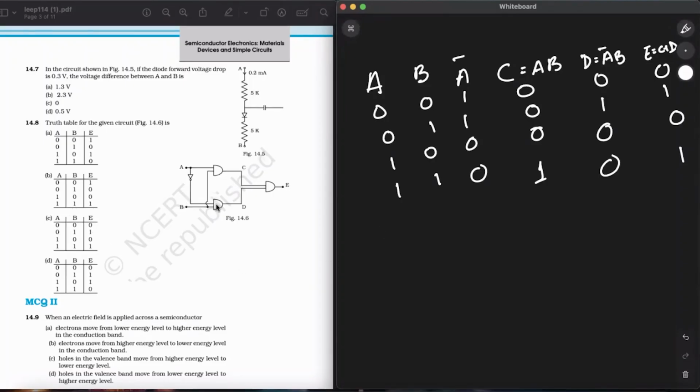So we'll just check, when A B is 0 0, the value is 0. Now we'll just have to check between these two. At 0 1, the value is 1. At 1 0, the value is 0. So 0, 1, 0, 1, this one is correct. So option C is the correct answer.